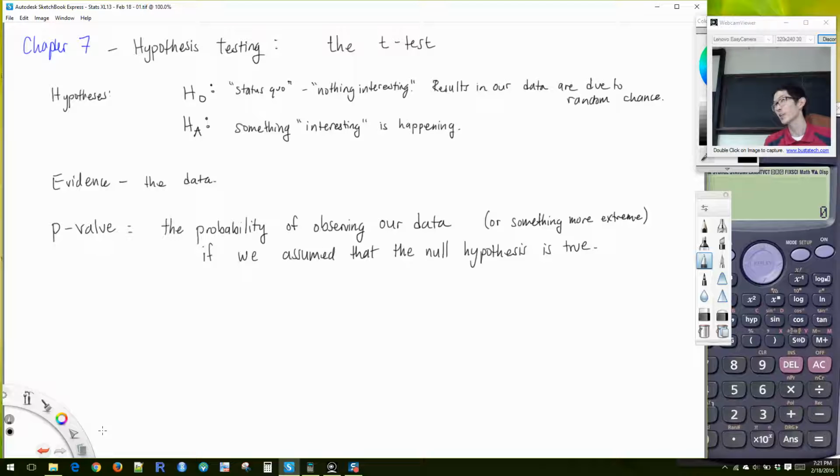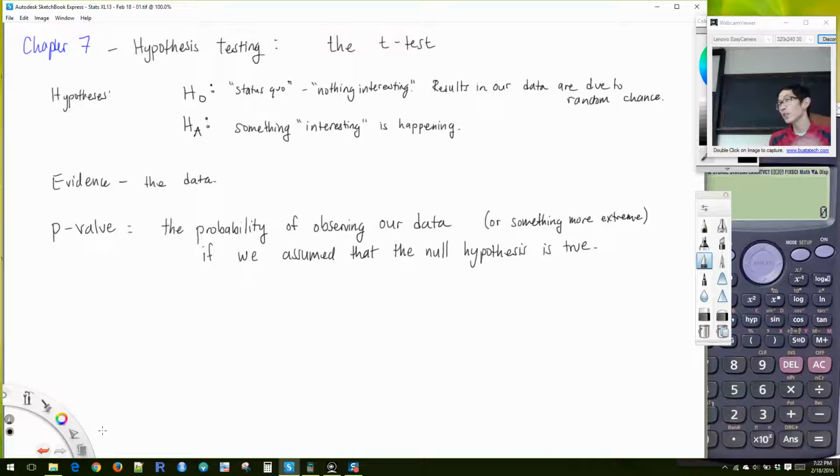If he flips the coin 10 times and he won 70% of the games, you wouldn't really go out and accuse him of cheating, because the probability of observing 7 heads out of 10, if we assumed everything is fair and nothing weird is going on, is quite decent. There's a fairly large probability that somebody who flips the coin 10 times ends up getting 7 heads from pure chance alone.